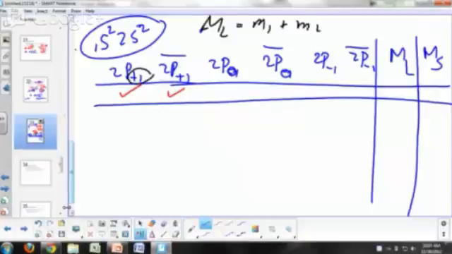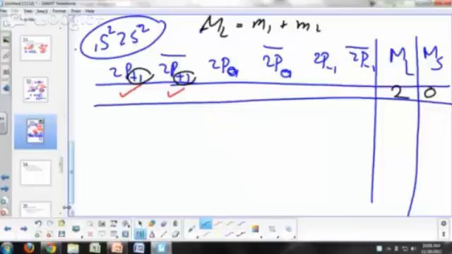What is m1? Plus 1. m2 is plus 1. So big M sub L is 2. The z components of your angular momentum would be h bar and h bar. So total z component is 2 h bar. What's your M sub S? One electron is spin up, the other electron is spin down. So M sub S is 0.